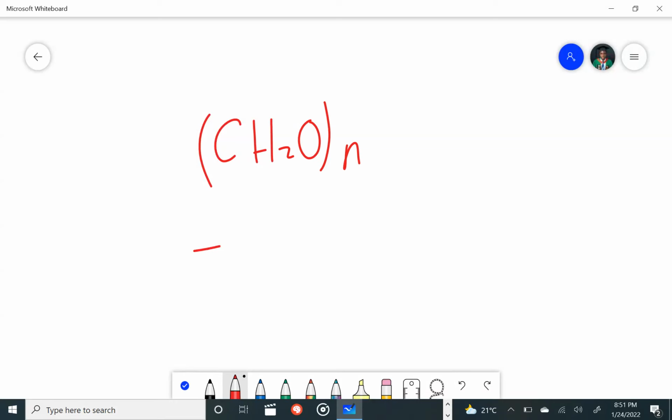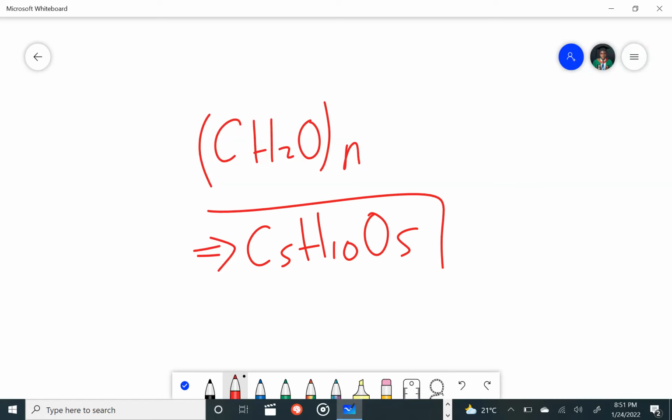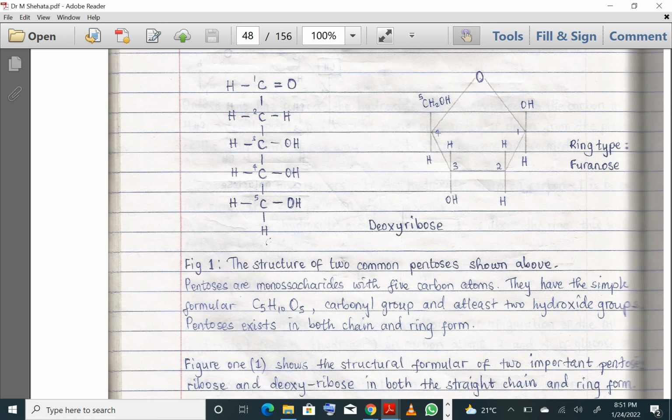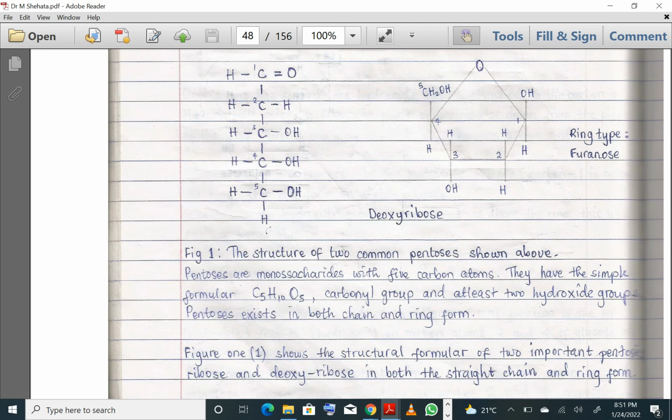So for the pentoses, carbon atoms are 5, so it's going to be C5H10O5, isn't it? So just a recap from what we discussed last time, but you can check the video for a full revision. So that's what we are having there. And again, a carbonyl group should be there. At least 2 hydroxyl groups should be there.